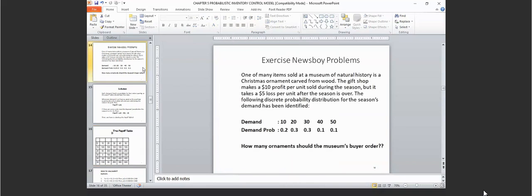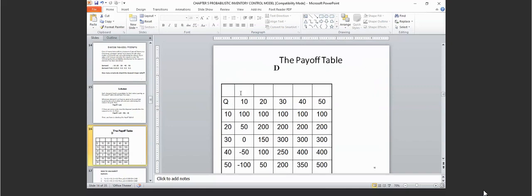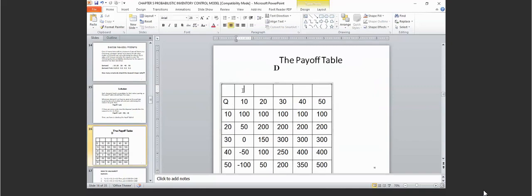Okey, we have information about the demand probability 0.2, 0.3, 0.3, 0.1 and 0.1 for each of the expected demand, right? So saya letak kat sini maklumat tersebut supaya kita mudah ingat, kan?